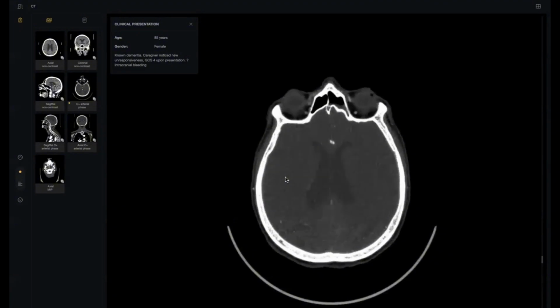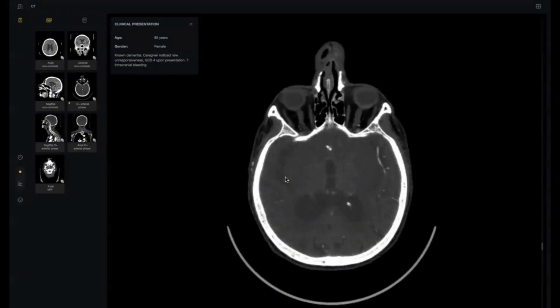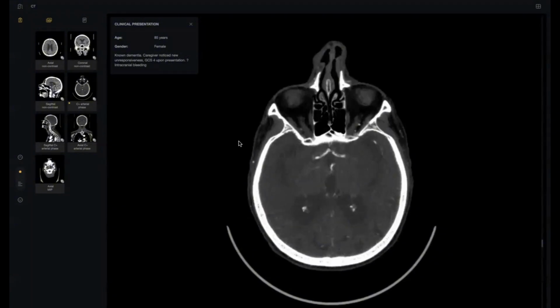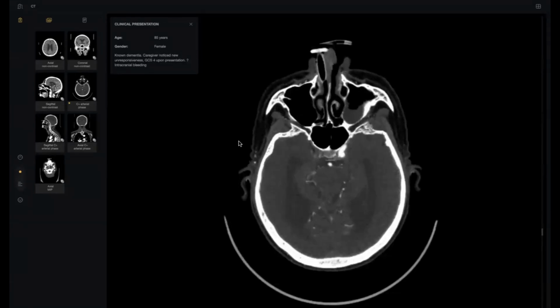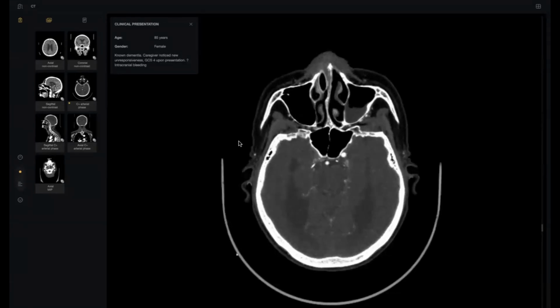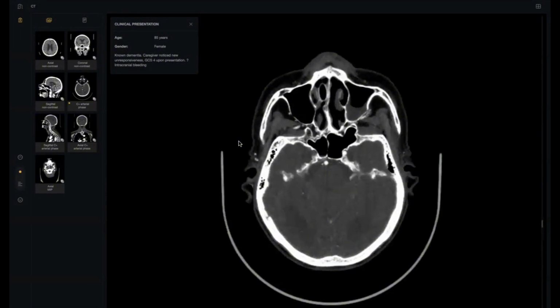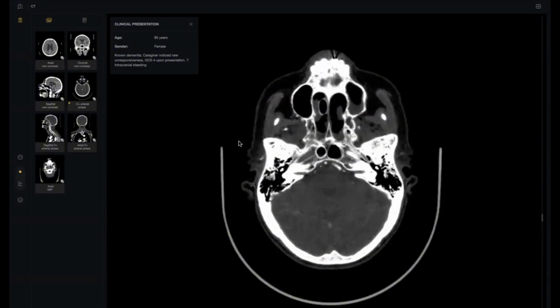The bilateral ACA appear normal. The MCAs also seem fine. This is vertebral, posterior.